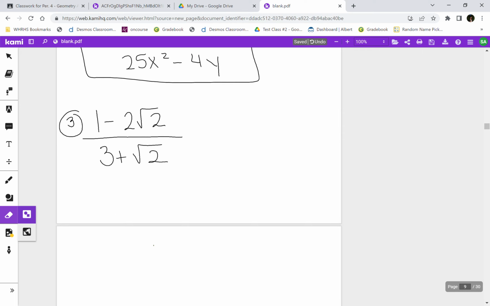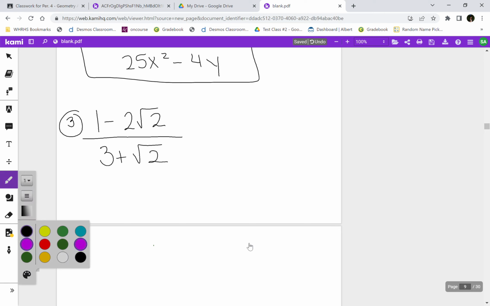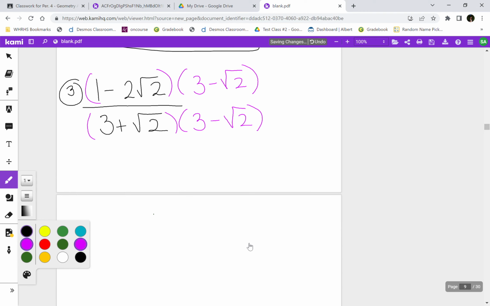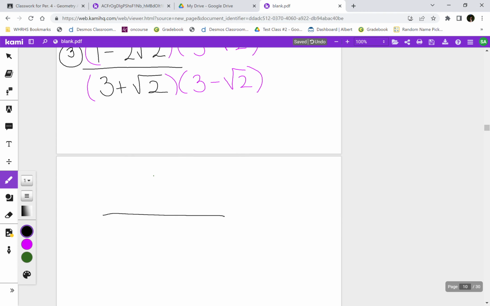Okay, so do we all agree to start off here, we're multiplying by the conjugate 3 minus root 2? So in our denominator, I'm squaring A, I'm squaring B, we're going to get 9 minus 2.